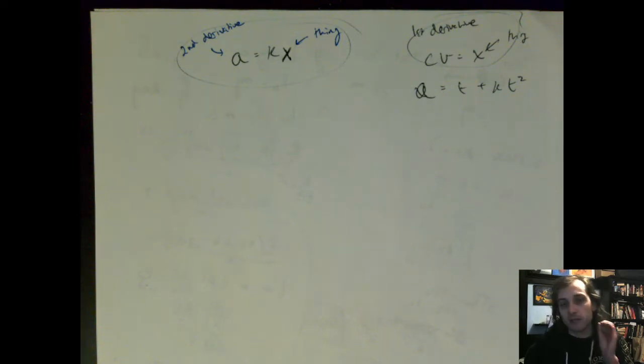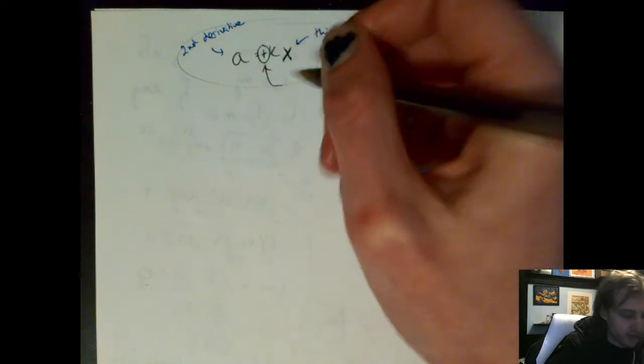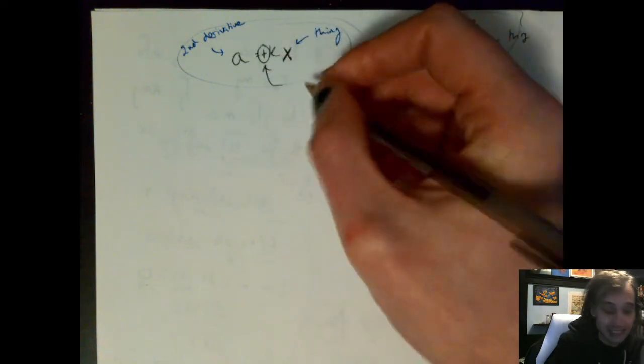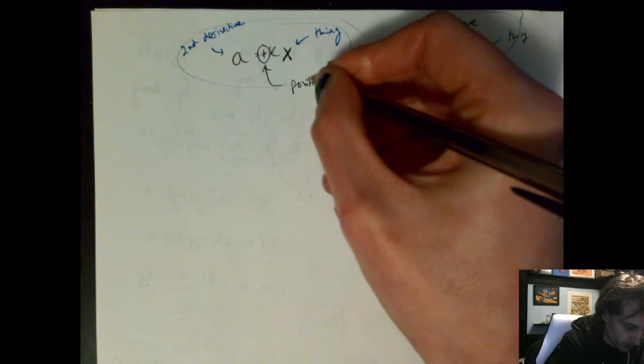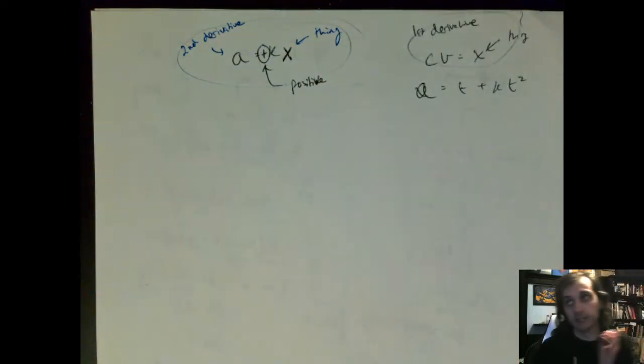The last part of this that's really important is that this is positive. If this is negative, there are completely different rules, because the derivatives will work very differently if it's negative versus if it's positive.